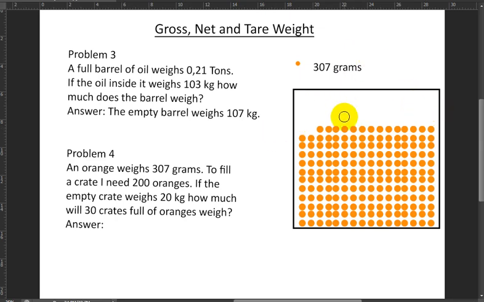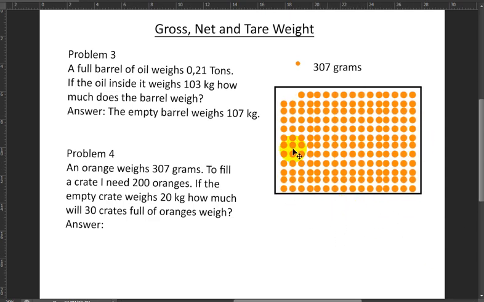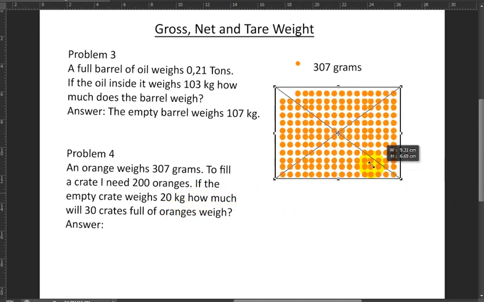Okay, so let's imagine that this is our crate, but we need to also have it filled, so we're going to have to make the crate look smaller. So one full crate looks like this. All right, one full crate has 200 oranges. And now it's asking us, given that the empty crate weighs 20 kilograms, how much will 30 crates weigh?